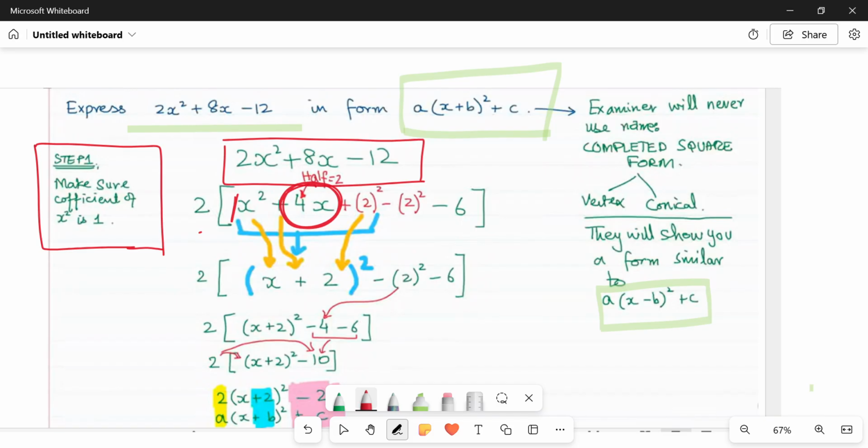So when we halve 4, it gives you 2. One value you write down with addition, and another value you write down with subtraction. So 2 squared gives you 4, with the positive sign and the negative sign, right? So you need to make it a perfect square.